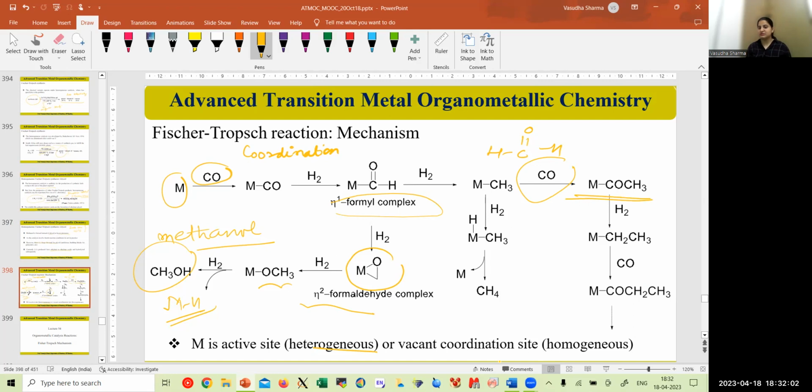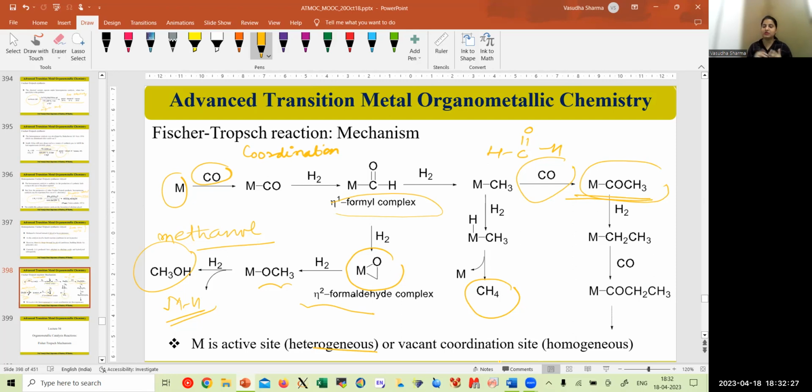If we take this M-CH3 with the treatment of hydrogen, it will release CH4. And if we have this COCH3 with treatment of H2, it will give you the ethane molecule, and again treatment will give you COCH2CH2. So there are a number of possibilities with the amount of hydrogen that you are giving, and what kind of coordination it is having.